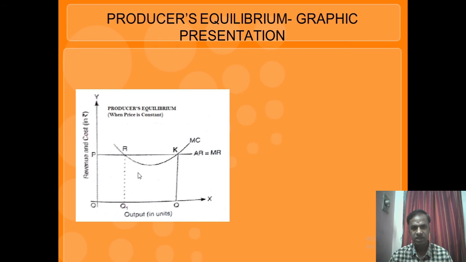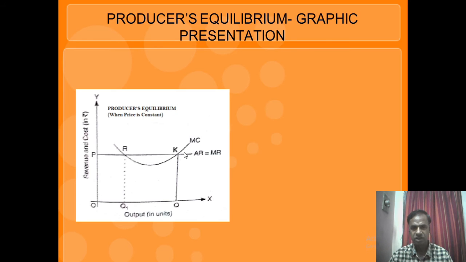This is MC cutting from above, this is MC cutting from below. This is the equilibrium level of output, OQ. If we increase the production after OQ, MC will be more than MR. If MC is more than MR, cost is more than revenue, the profit will reduce.